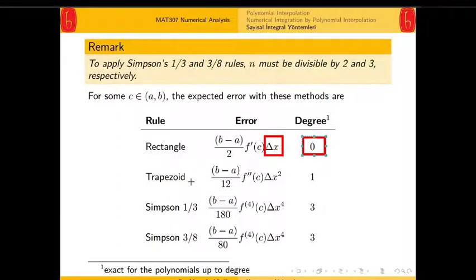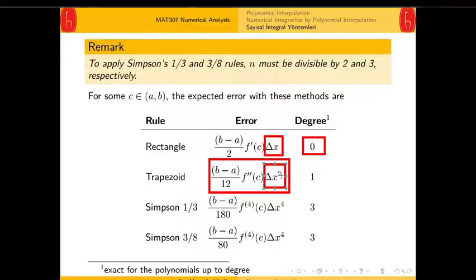For the trapezoid rule, the error will be in this form. Again, this part will be just a constant if we assume the function f is twice differentiable and the second derivative is bounded on AB, and delta x is the part that gives us the order.